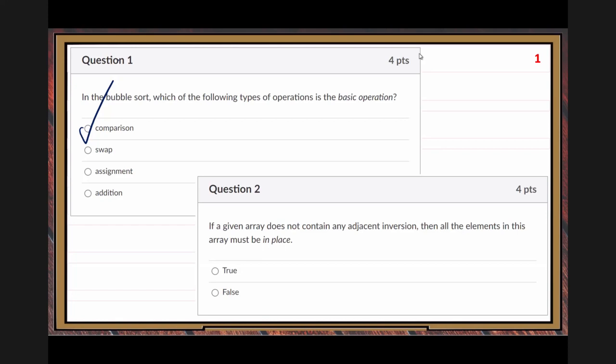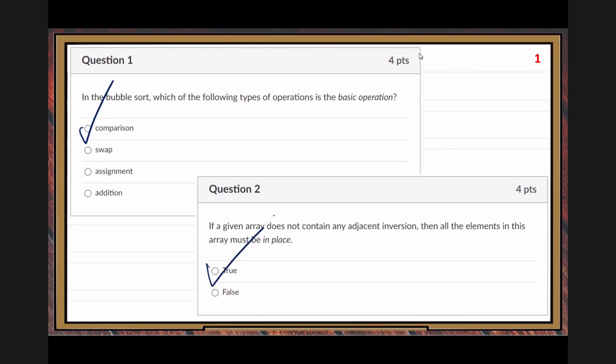Because based on the logic, the given array does not contain an adjacent inversion, a special type of inversion. So then all the elements must be in place. True. In place. No adjacent inversion, because if no adjacent inversion, that means no global inversion.